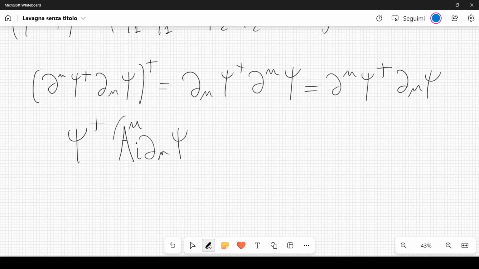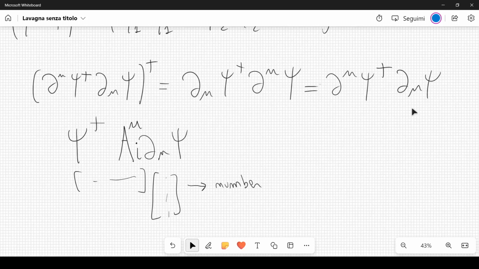As I said, we need this term a mu, and we need to understand something more about this. In general, a mu here will be a square matrix, because this square matrix can act on a column vector, and this will give you another column vector with the same number of components, and then when we act with a row vector with the same number of components, we get a number, right?